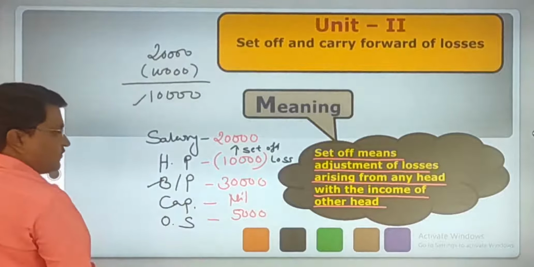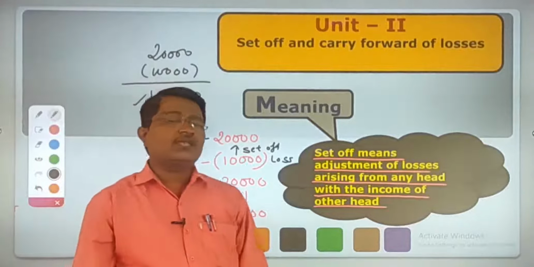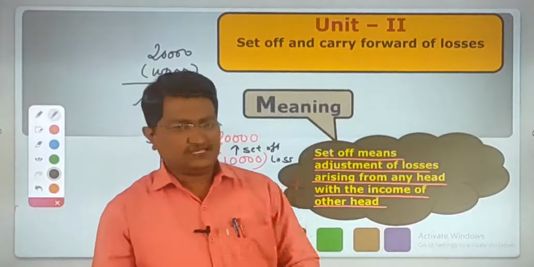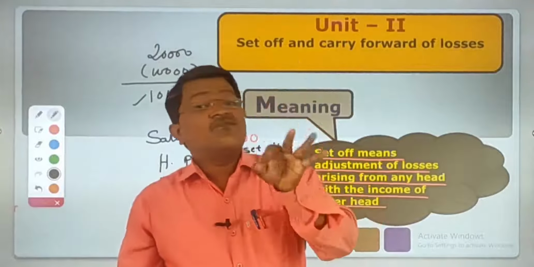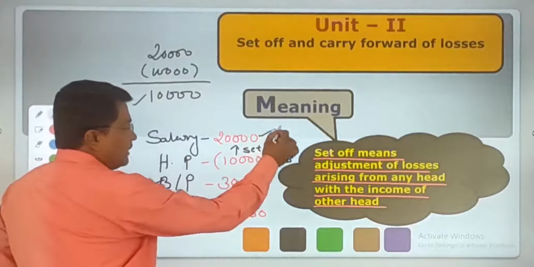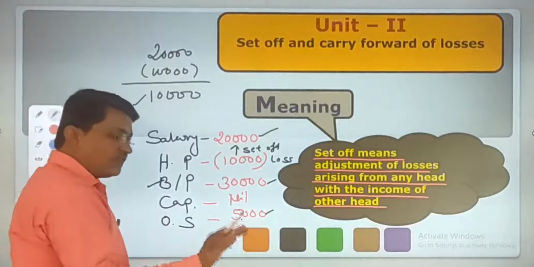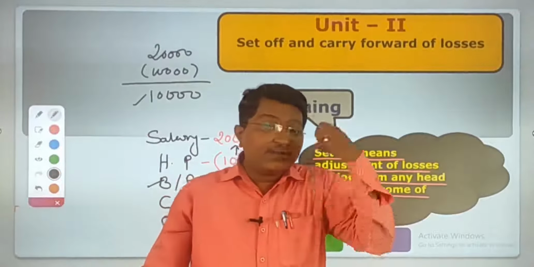This is 30,000, that makes 40,000, and this 5,000 makes 45,000. So what's the total income of the assessee? Yes, the total income of the assessee is 45,000. But if you take 20 plus 30, 50, 50 plus 5, 55,000 is the actual income he has.